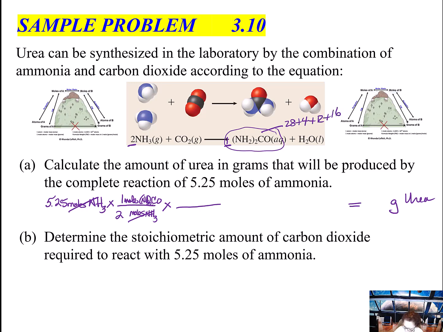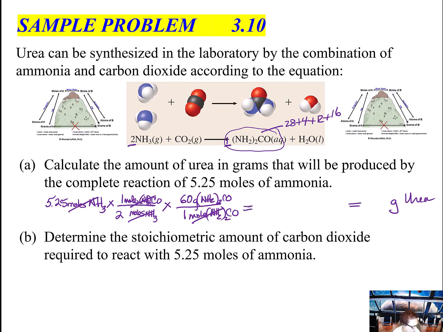That's going to come up to approximately 60 grams of urea for every 1 mole of urea. It takes a long time to write this with this little pen. Okay, so that gets rid of moles of urea, and then that's going to leave us with grams of urea, which is what we want.